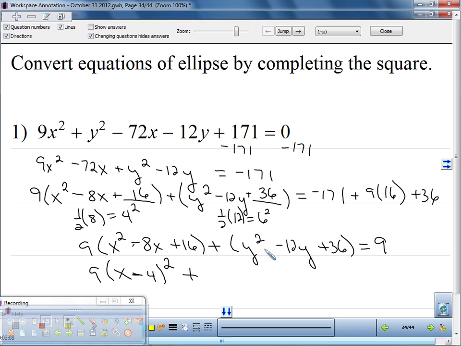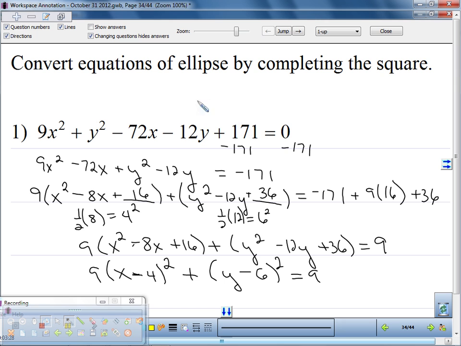From this one, I'm going to have y minus 6 squared. Again, the sign comes from this term, and we're taking the square root of 36, which gives us the 6. And that's all equal to 9.